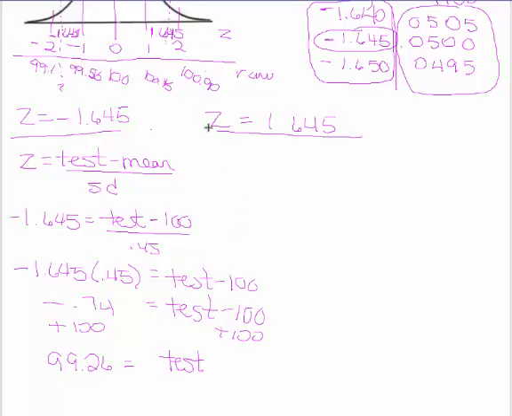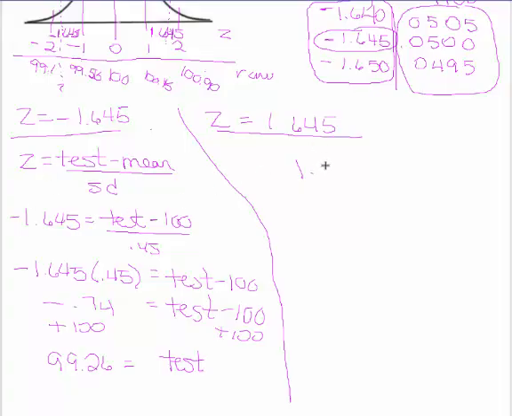Okay, let's do the other side. It's going to be similar, but this is going to be a positive, so it's going to be a different answer. I'm not going to write that again. My z-score, there's the formula right there.